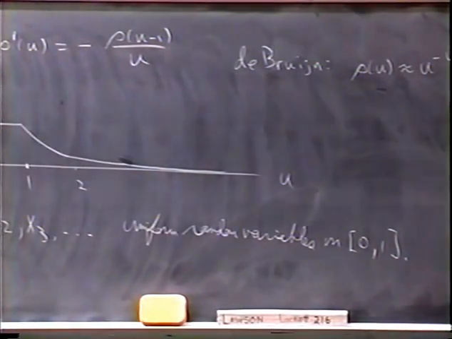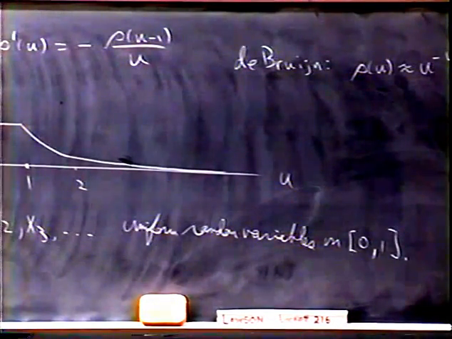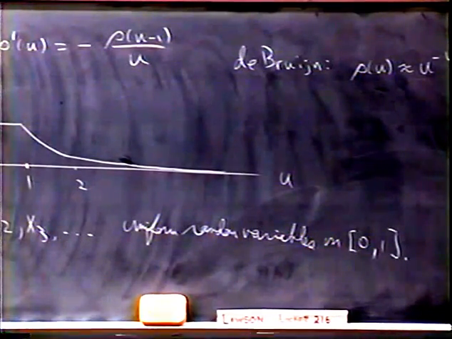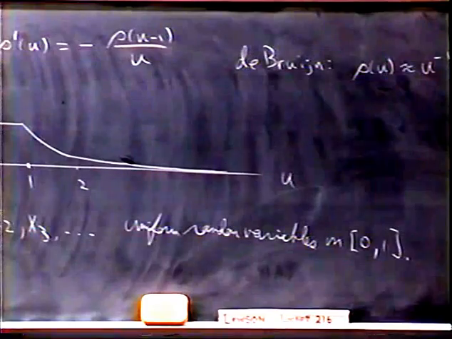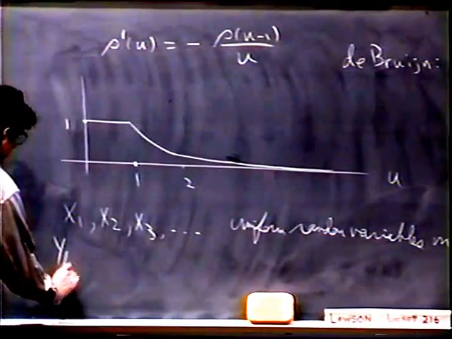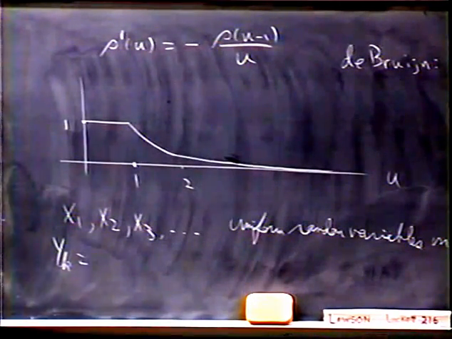And they're independent. Now, what probabilists like to do is sum independent random variables, but I'm going to do the opposite of that. I'm going to multiply them. So let yk be the product of the first k of these random variables.